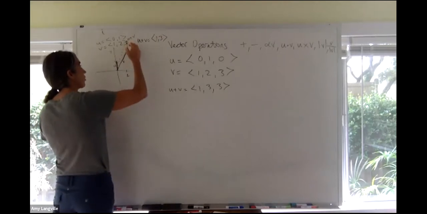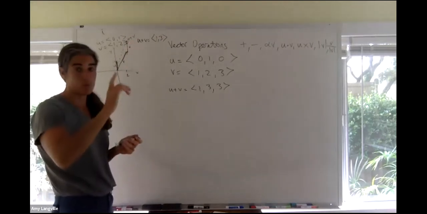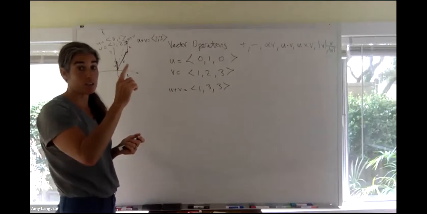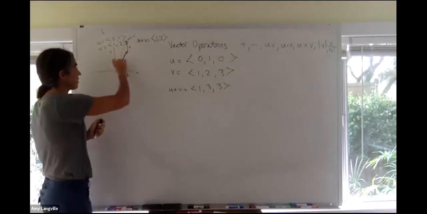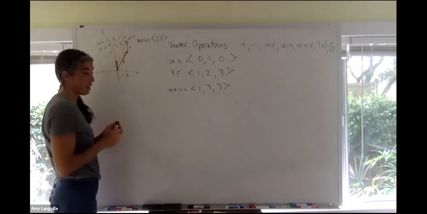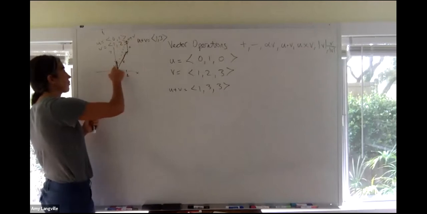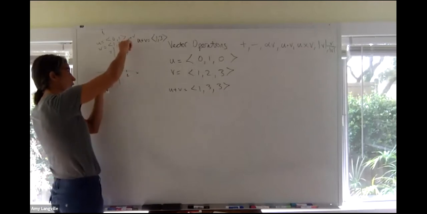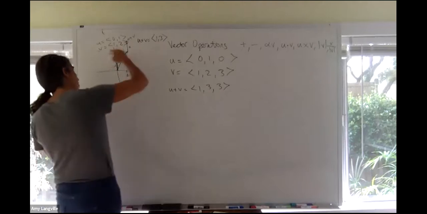Because that's an equivalent representation of u, right? We're allowed to shift them. Those vectors just have a direction and a magnitude, but I can move them to have different initial points. And so if I wanted it to have an initial point up here at the tail of v, it would sit there. And then notice that u plus v is the initial and the terminal point of those. So it is the sum. This is u plus v.